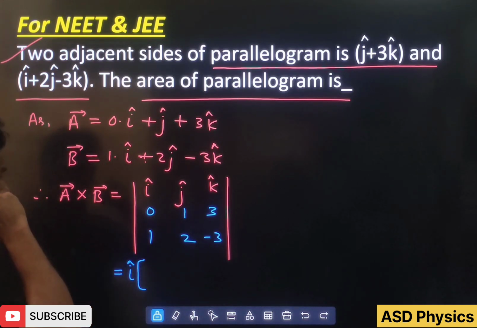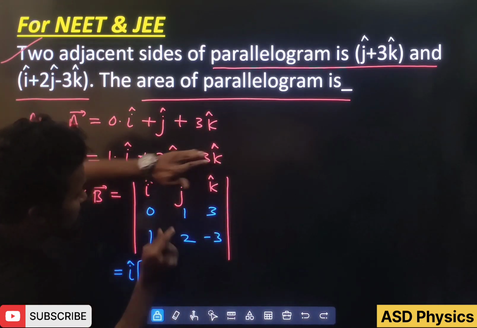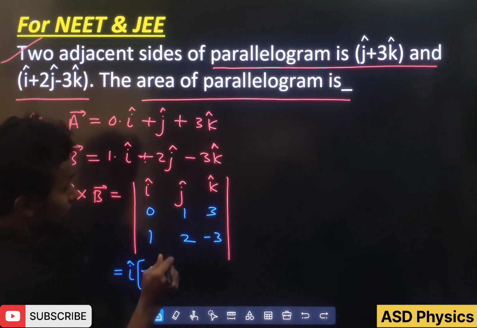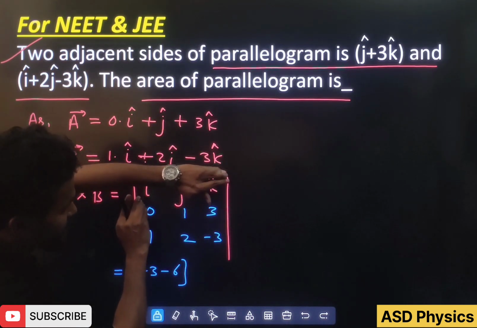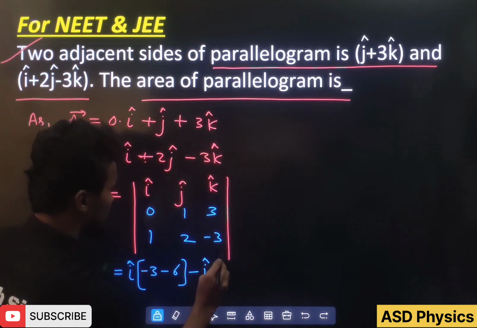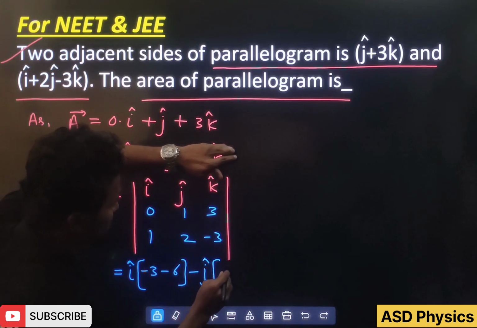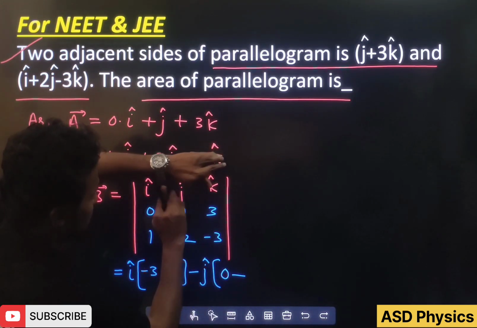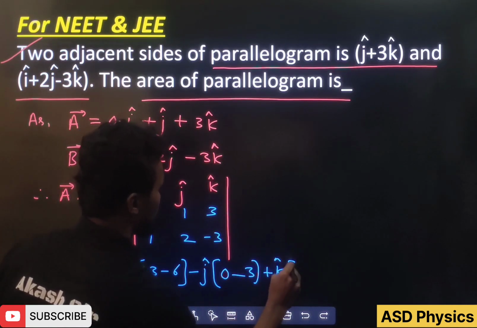So for i cap, again you hide like this. What will happen here? 1 into minus 3 is minus 3, minus 3 into 2 is 6, so minus 3 minus 6. Next one, minus j cap. What will happen here? Again you hide like this. 0 into minus 3 is 0, minus 3 into 1 is 3.